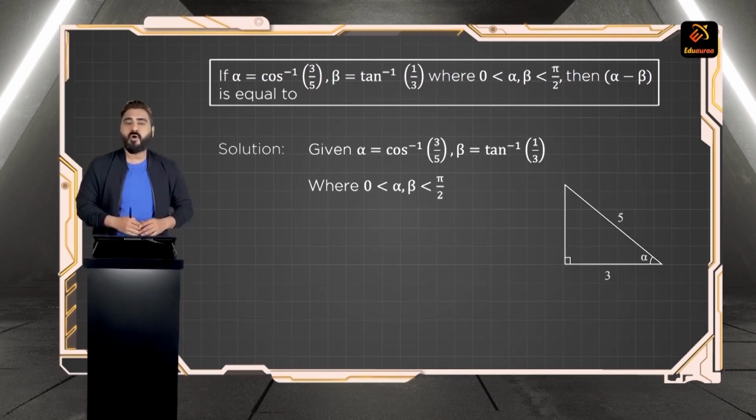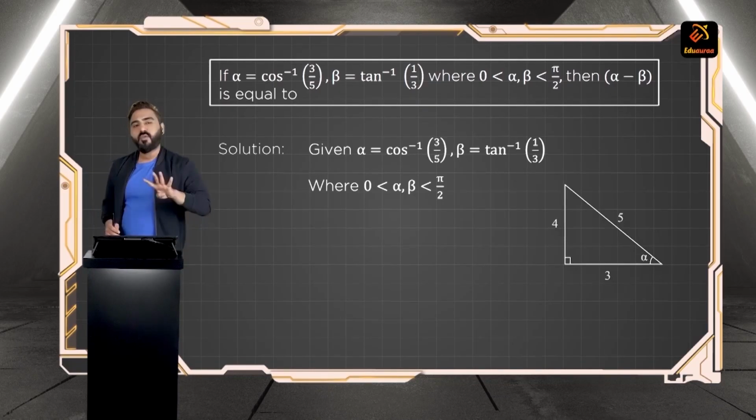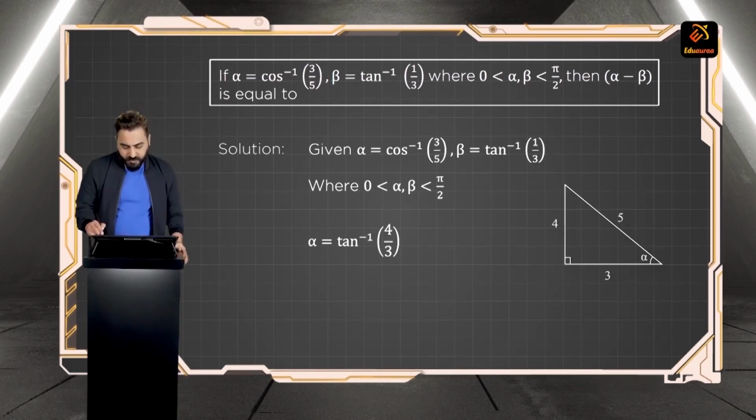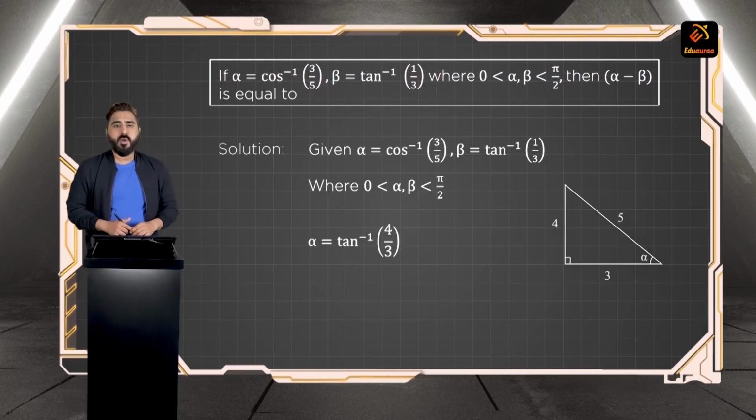Then it is forming your Pythagoras triplet, that is, the third side will be nothing but 4. So students, it is clearly seen that from this, the value of alpha will be nothing but tan inverse 4/3.